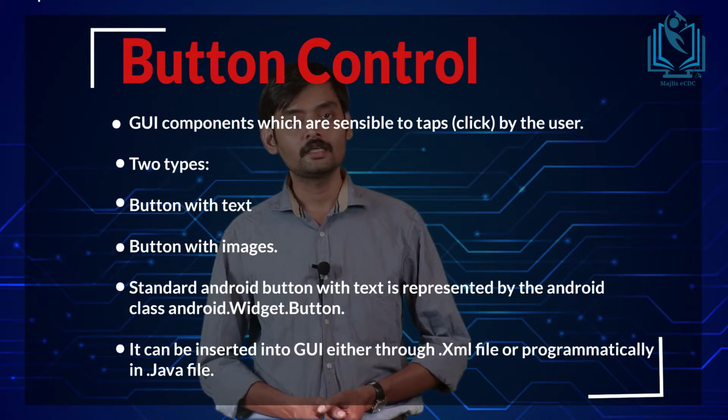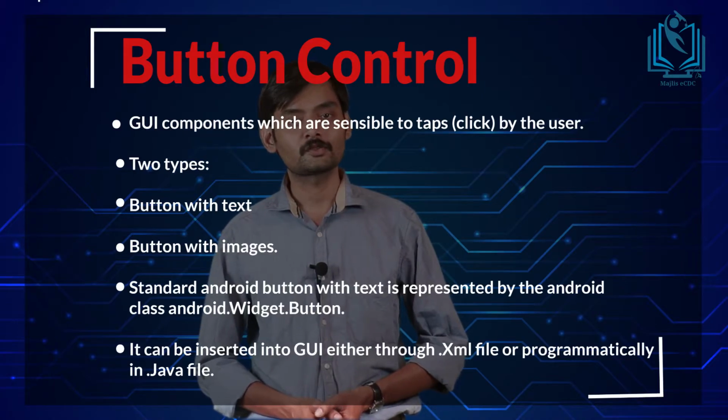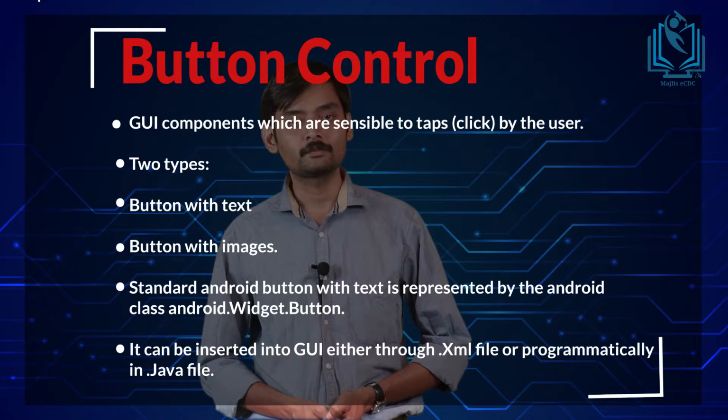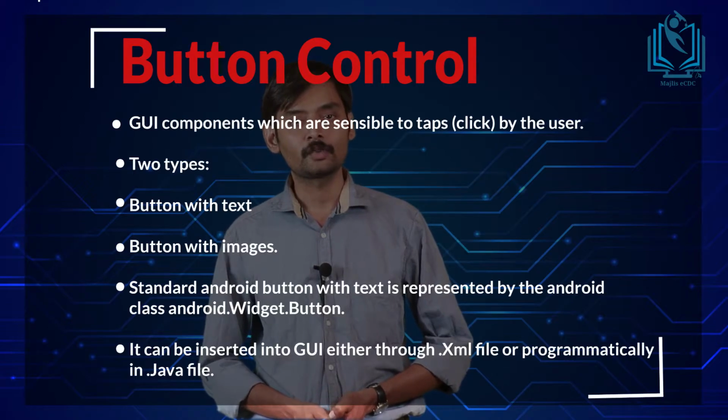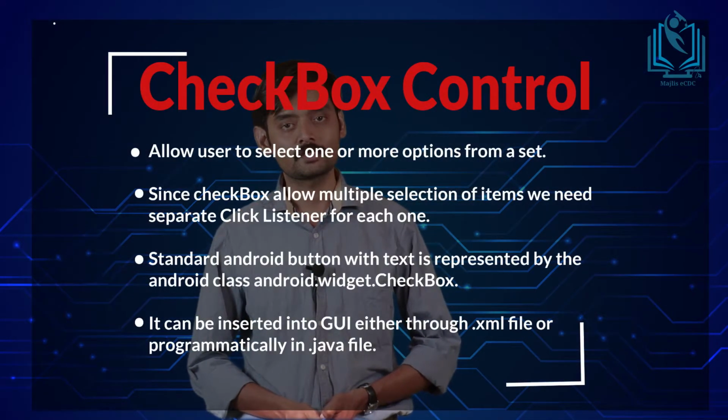After this we can use some other controls, that is the checkbox and radio button. Checkbox means selecting some values only, and in the case of radio button, the user can select only one option.